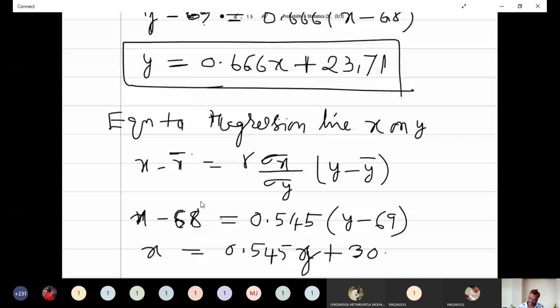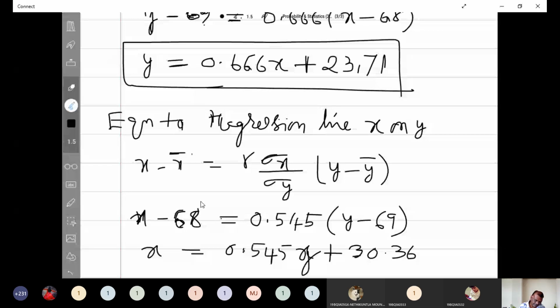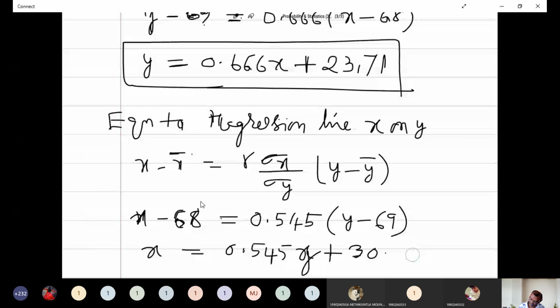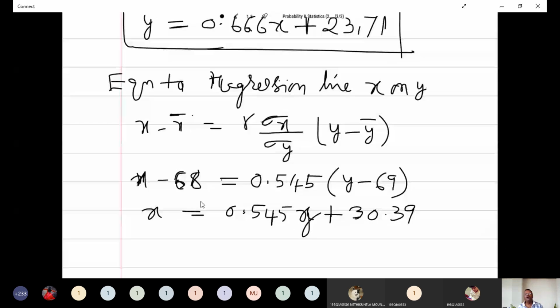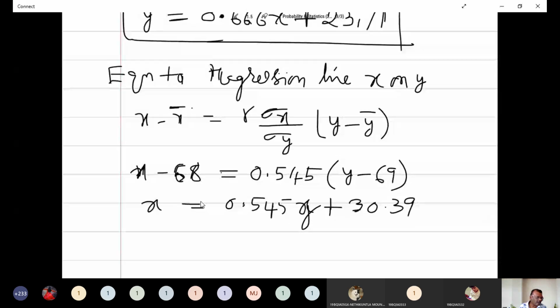Now this 39, correct. 30.39. Okay. Now again we need to find the value of x when y is equal to 70. That means y is equal to 70, and we need to find the value of x.